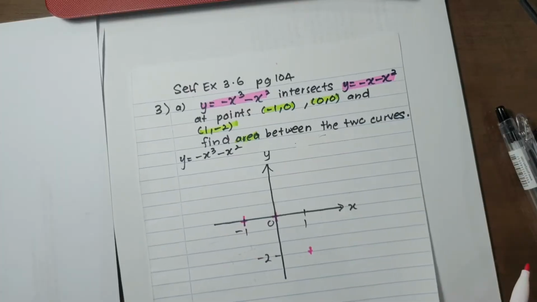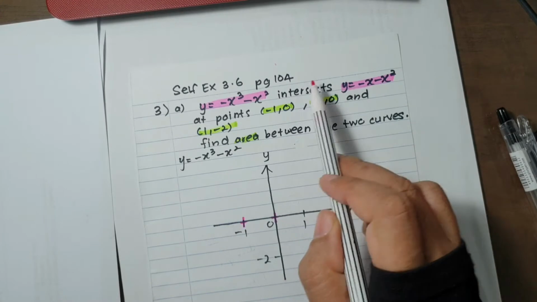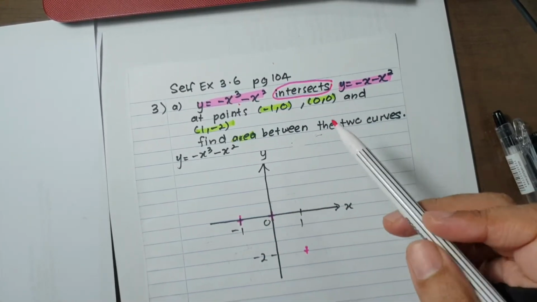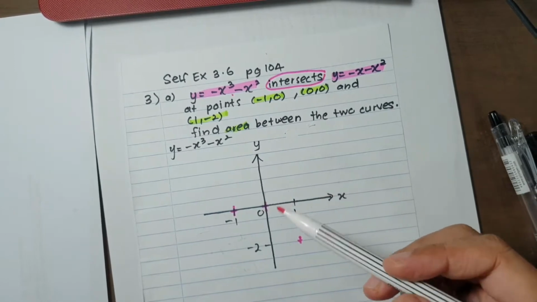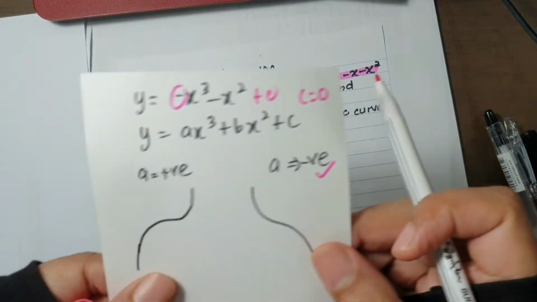Again, these points lie on both curves because they are the points of intersection between the two curves, so we can sketch the graph. The graph position is like this.